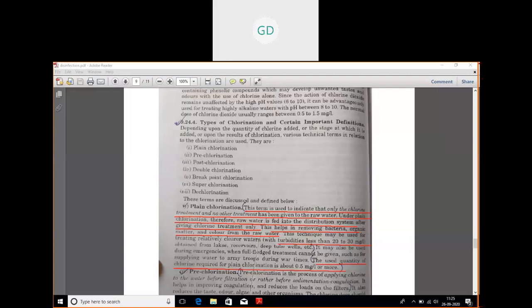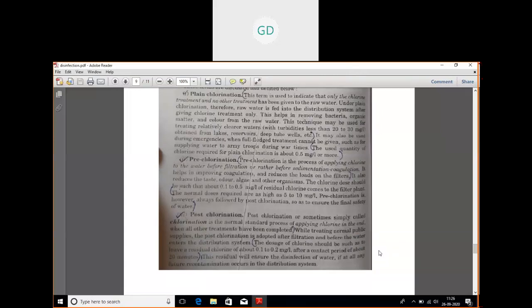Okay, so next is your pre-chlorination. Pre-chlorination is when chlorine is added before your filtration process or before your sedimentation and coagulation process. You see here it's written already.